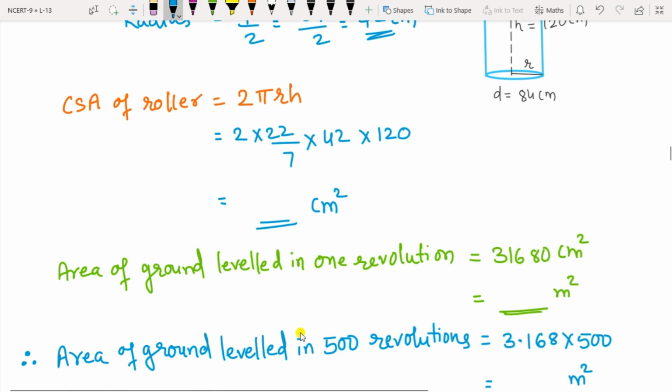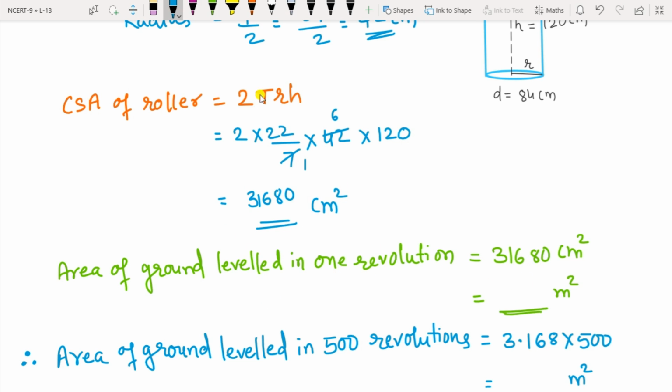Using this formula, after cancelling, 7 1s are 7, 6 are 42, and multiplying all this, you will get 31680 centimeter square. So this is the curved surface area for one revolution.